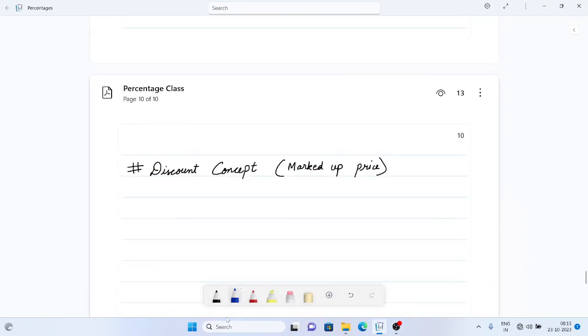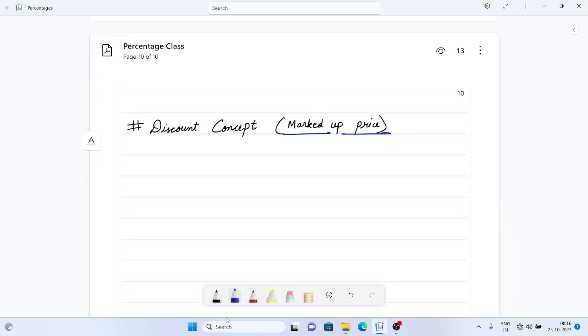One more thing is given, which is the discount concept or marked up price. Markup price means the MRP which is written on the product, or say discount is given. So if there is a $100 TV or anything, which is the cost price, here we buy the product. If I increase it by 15% and mark the price, this is the mark price, right?